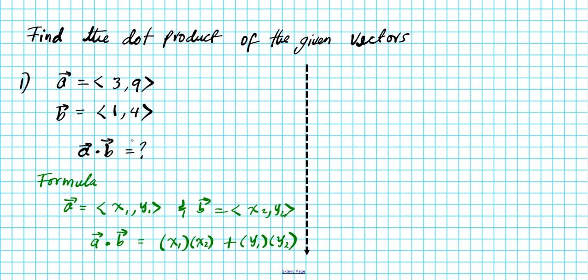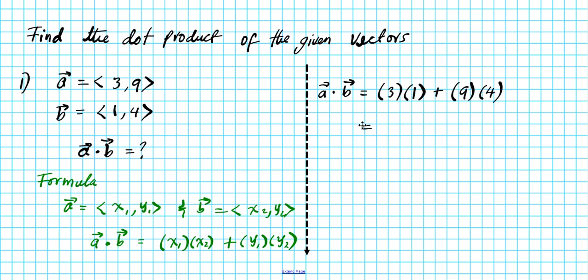Okay, so let's go ahead and apply this formula here. We can clearly see what x1 and y1 are and x2 and y2. Okay, so the dot product of A and B is simply the product of the x's, so 3 times 1, plus the product of the y components, so 9 times 4.